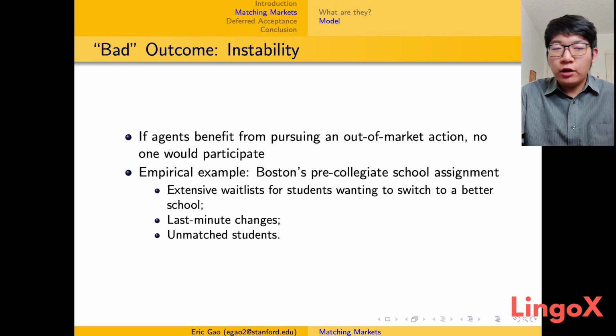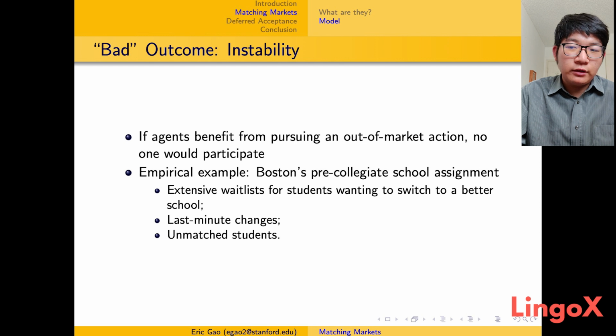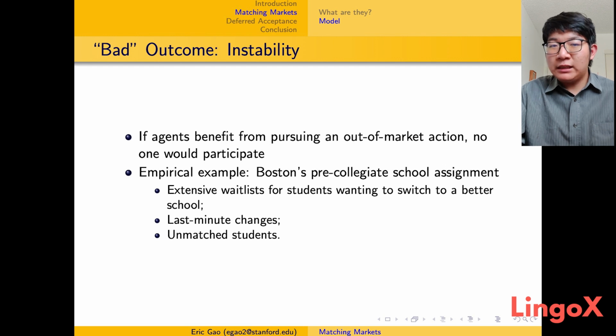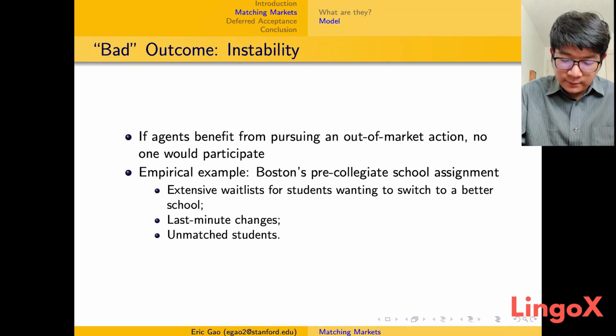If you go to the central matching market, the market gives you a result, and you realize that you could have done better on your own, there's no reason for you to participate in the market in the first place. You would go directly to the person you want to match with, and just match without ever bothering to participate in a centralized matching market.